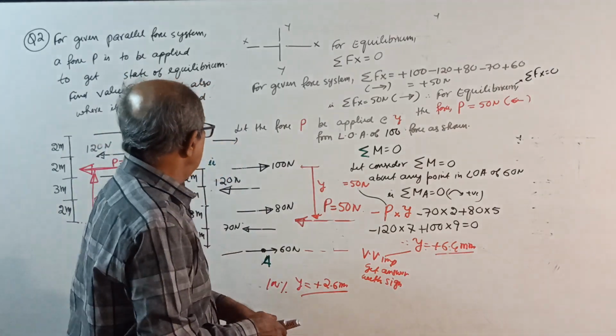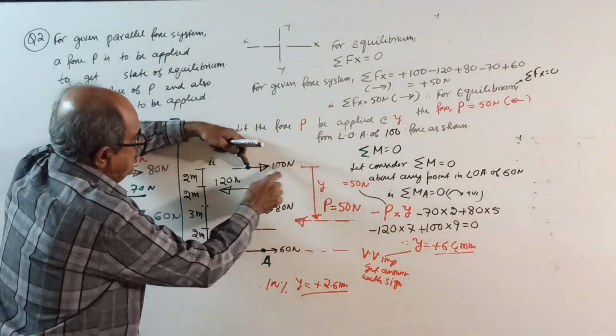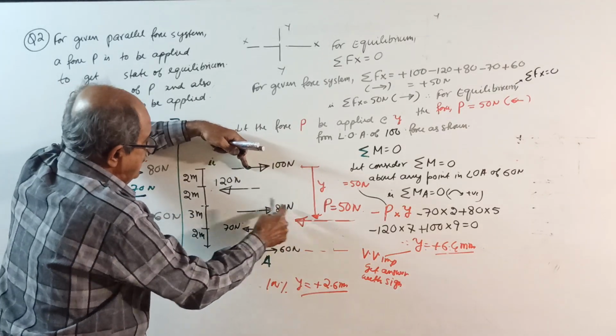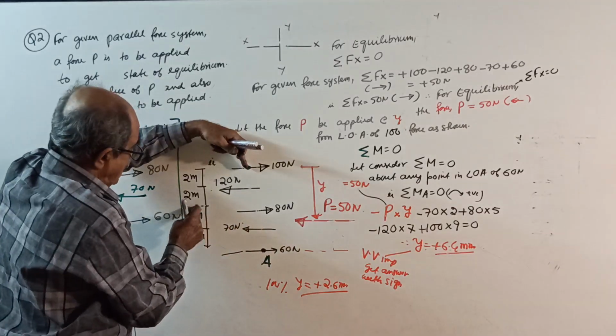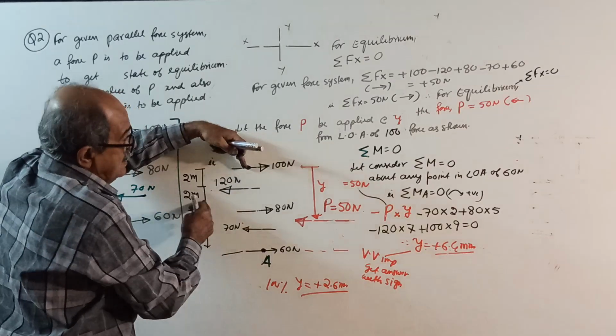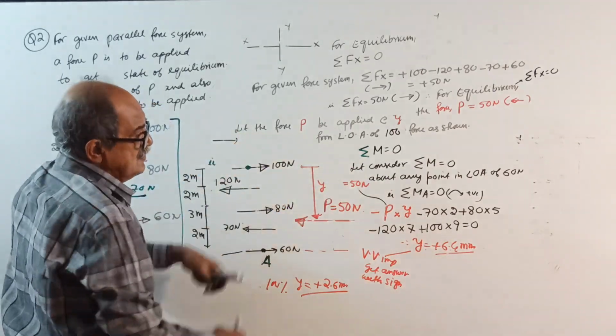Then right here, take moment about this point. 100 into 0, 120 into 2 clockwise, 80 into 4 anti-clockwise, 70 into 7 clockwise, minus 60 into 9, plus 50 into y. Solve it.